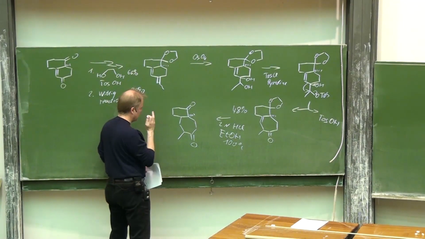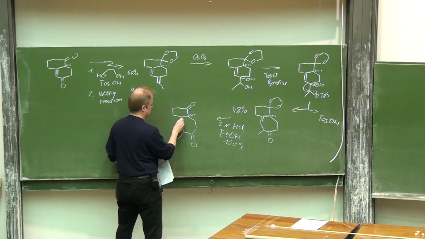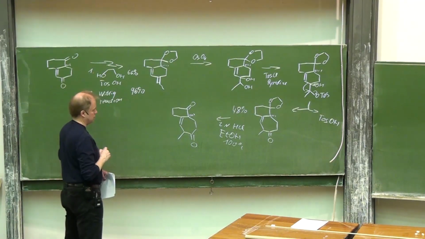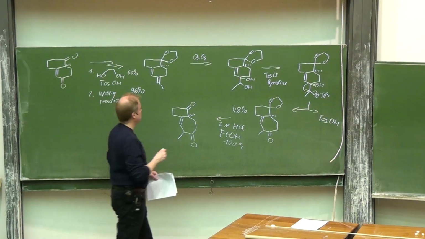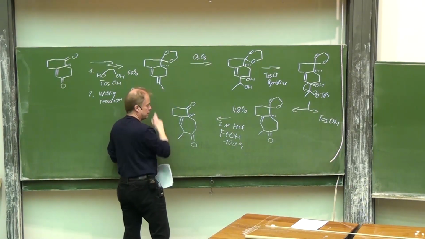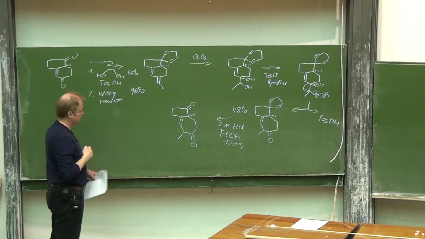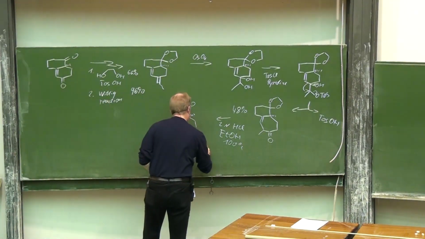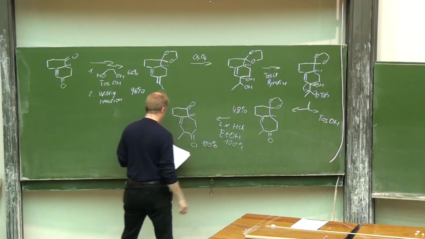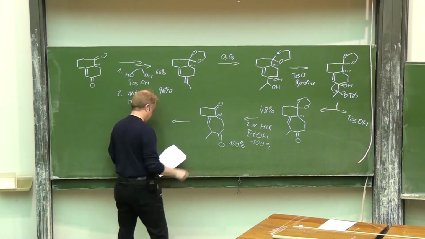And partially the olefin is already migrating. Nevertheless, most of it is still located here. And you see, during this reaction, here is the additional methyl group already. So, this transformation, just 100%. The next step is the crucial one.